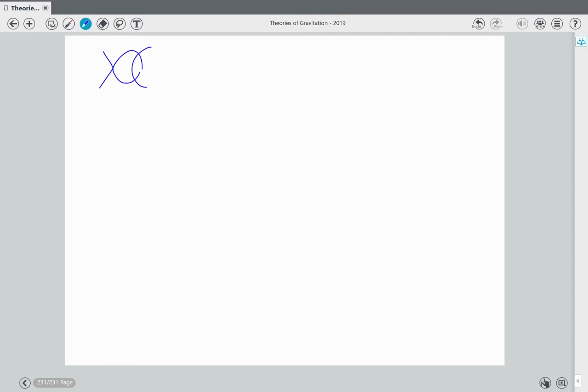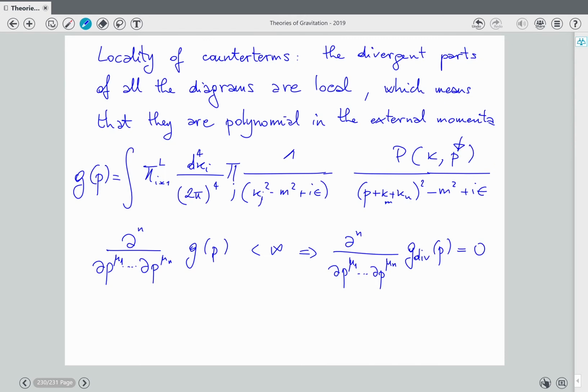For example, you can have this two loop diagram, and you can check the number of internal momenta, when you impose all conservations of momentum at the vertices.